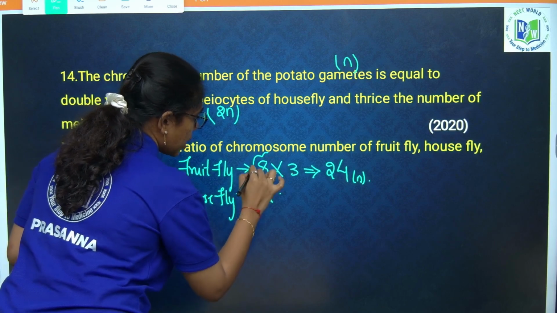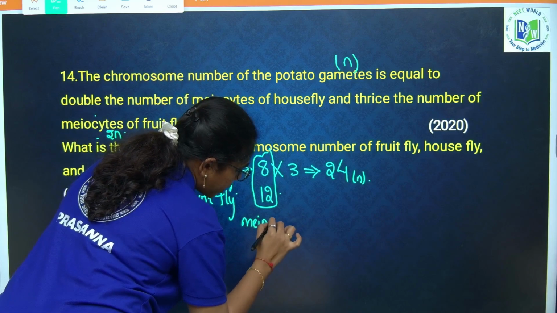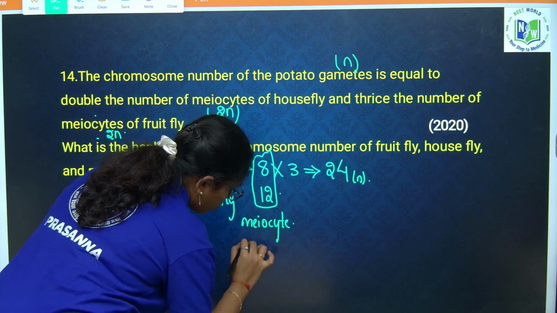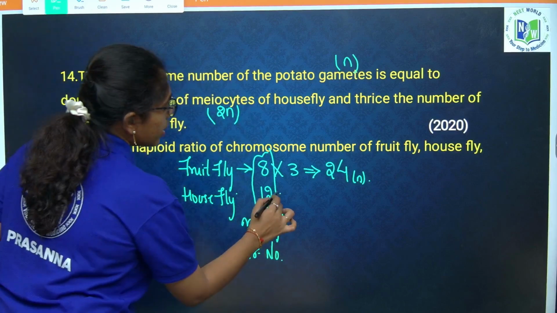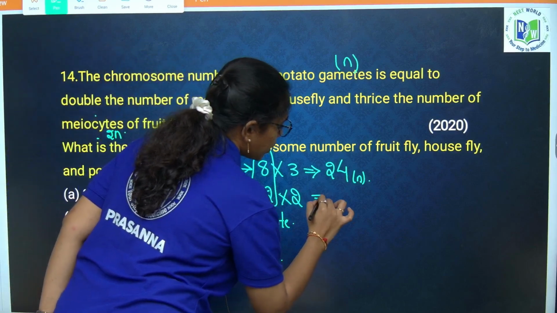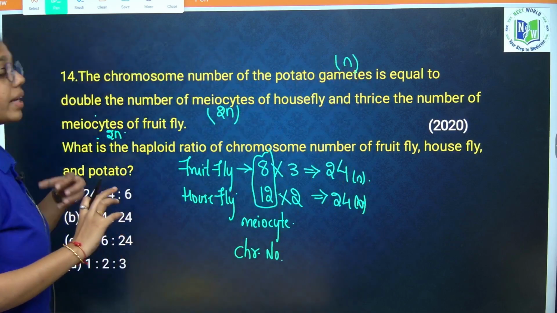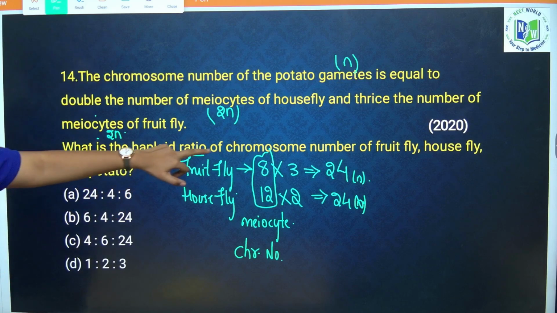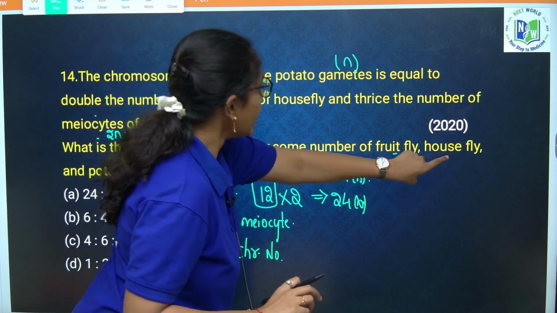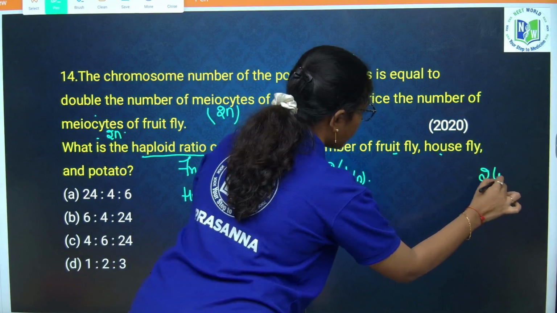Double, 12 into 2, that is 24, again haploid. We got the answer. But what is he asking? He is asking to identify the haploid ratio of chromosome number of fruit fly, housefly and potato. For potato we got 24.